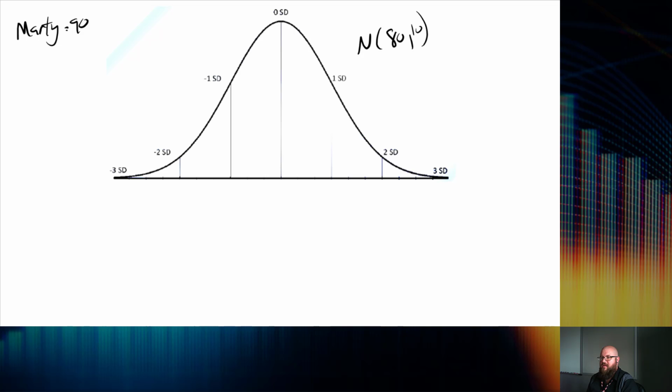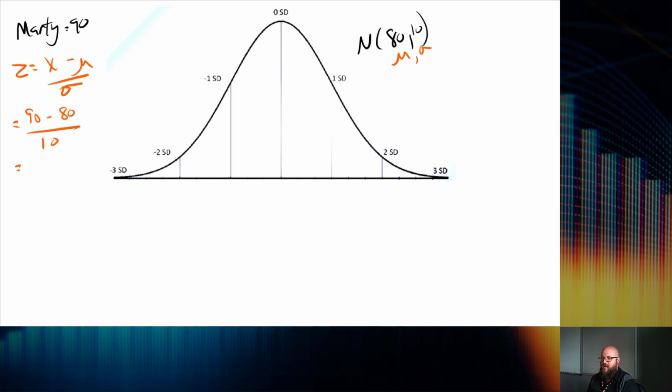So to do that, again, we do what we did a minute ago. We find our z-score, right? So our z-score, again, is your x value minus your mean over your standard deviation. Well, the mean and standard deviation are given to us right over here. So we should simply just be able to say this equals 90 minus 80 divided by 10.